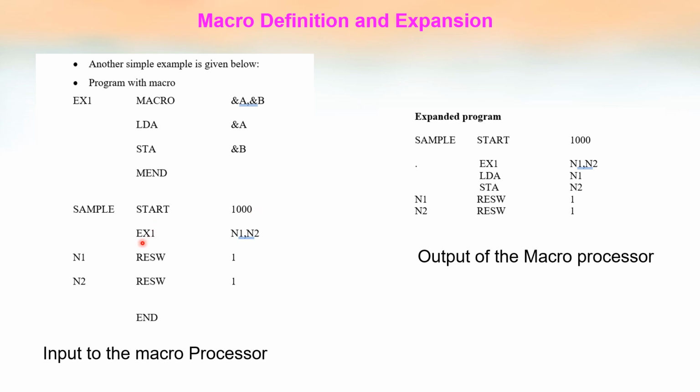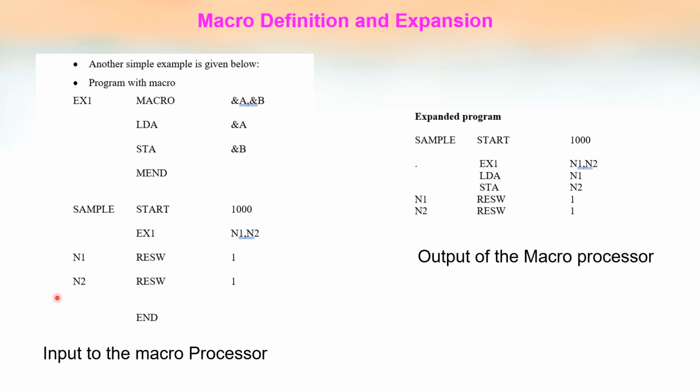And here EX1 is the macro name, which means it is a macro call, like a function call. These are the actual arguments, N1 and N2. N1 and N2 are variables, so we have to declare them: N1 RESW 1, N2 RESW 1. Then END, main program end.